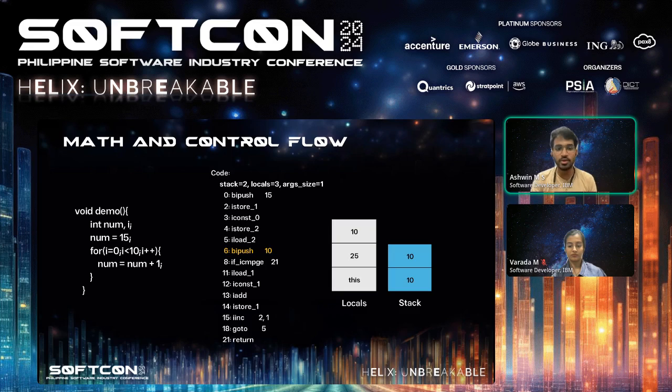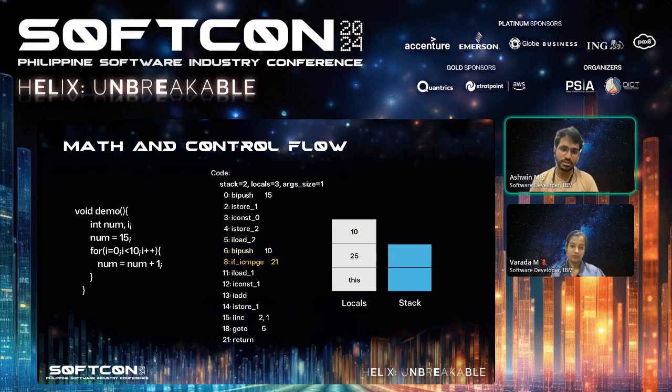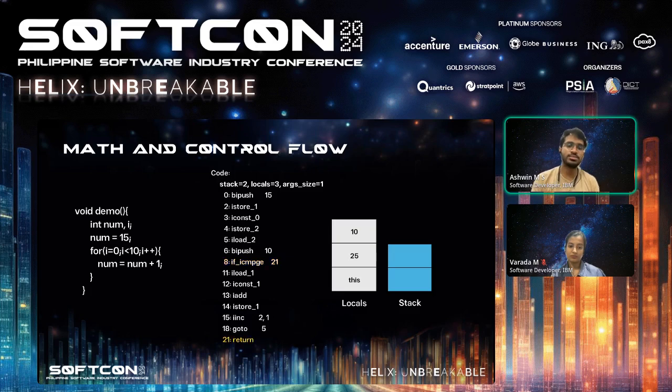Just notice that the first 10 was the value of i. The second 10 is actually the constant that we gave in the method. And this is followed by the if operation, which clears out the stack and finds out that 10 is equal to 10. So that condition is satisfied over here. It jumps to the instruction 21, that is the return. So this actually ends this method.